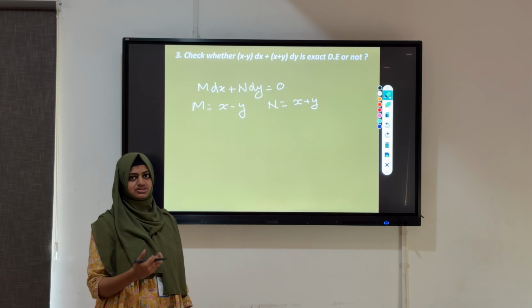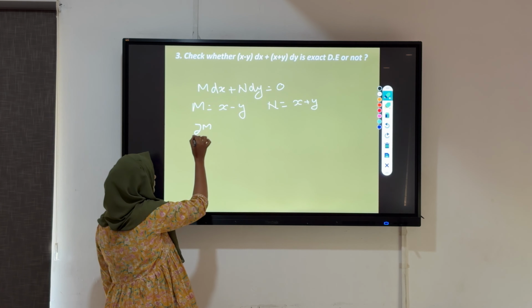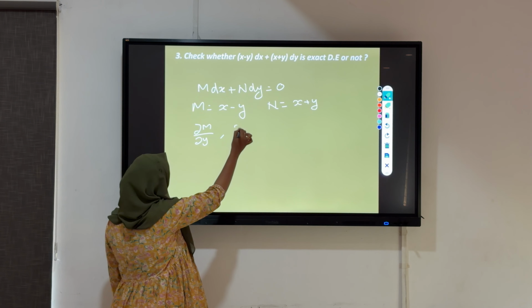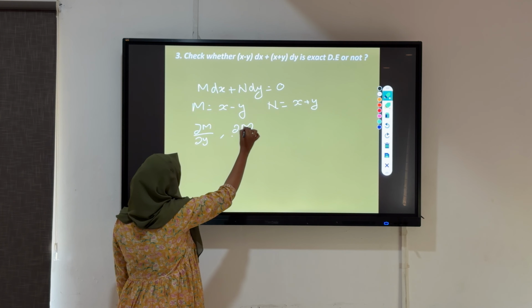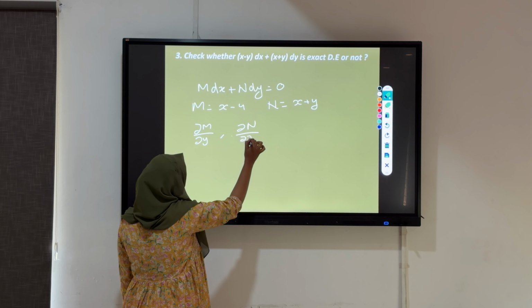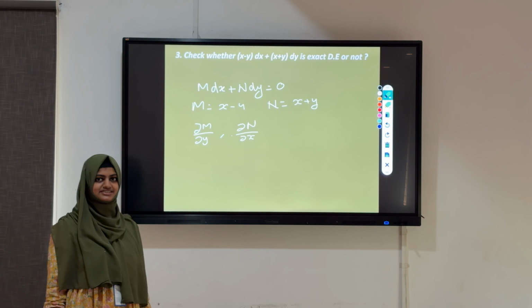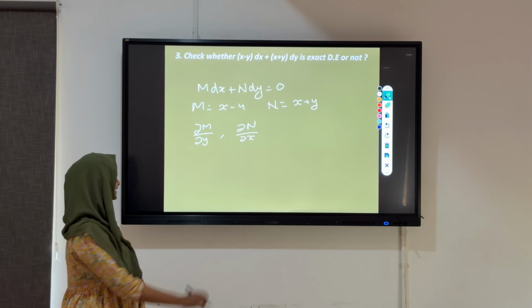To check whether the equation is exact or not, we consider dou M by dou y and dou N by dou x. If they are equal, we can say the given differential equation is exact, otherwise not exact.